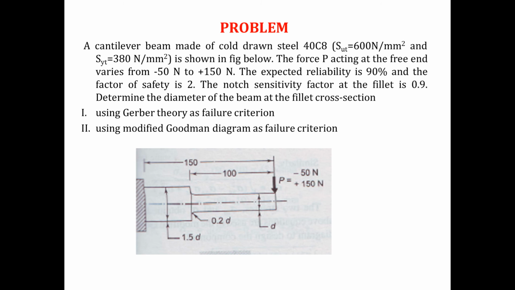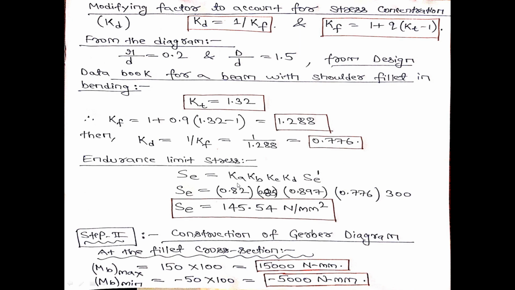Now the bending moment at the fillet cross section due to the minus 50 Newton load is minus 50 into 100. That is the minimum bending moment, MB minimum: minus 5000 Newton millimeter.